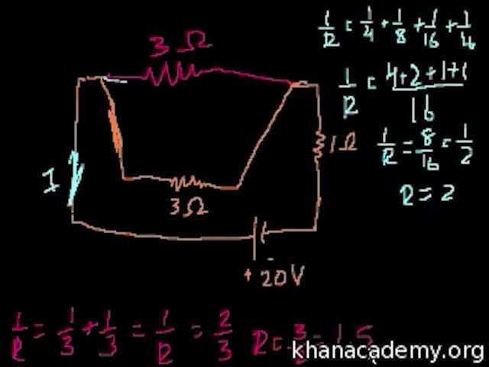So let's erase that and simplify our drawing. This whole mess, the 3 ohm resistor in parallel with the other 3 ohm resistor, is equal to one resistor with the 1.5 resistance. And actually, this is a good point to give you a little intuition. Even though these are 3 ohm resistors, we have two of them. So you're kind of increasing the pipe that the electrons can go in by a factor of 2.